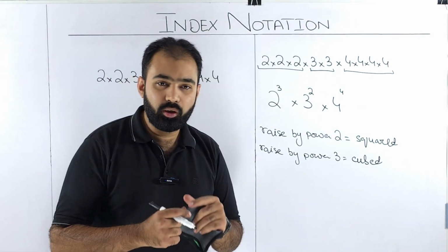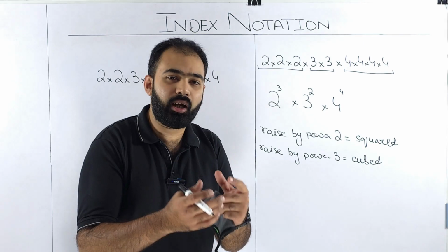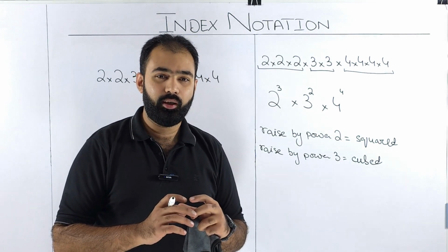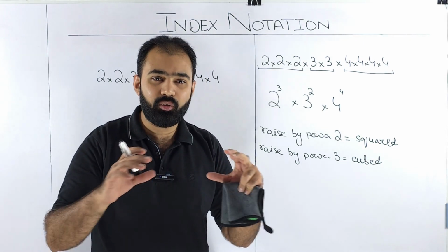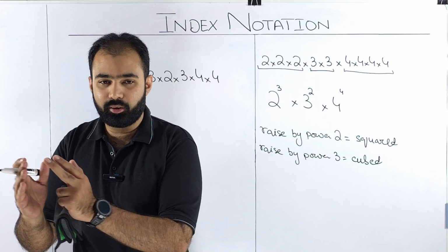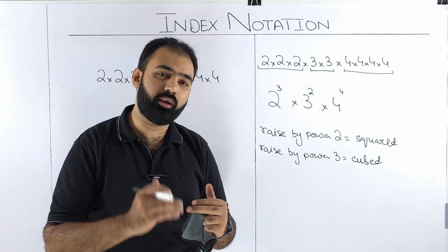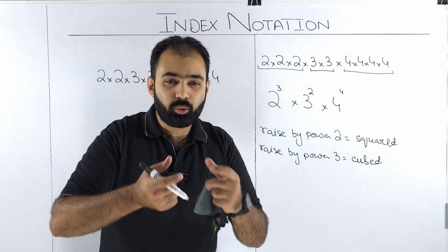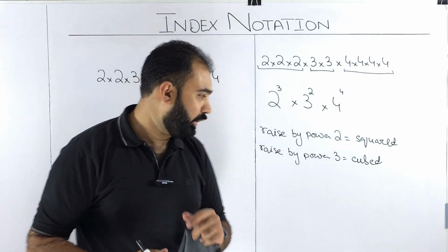First, I will rearrange it in a simple format where I can have all the 2's together, 3's together, and 4's together, so that it is easy for me to convert it into index notation. But उससे पहले आपको एक चीज समझना जरूरी है.